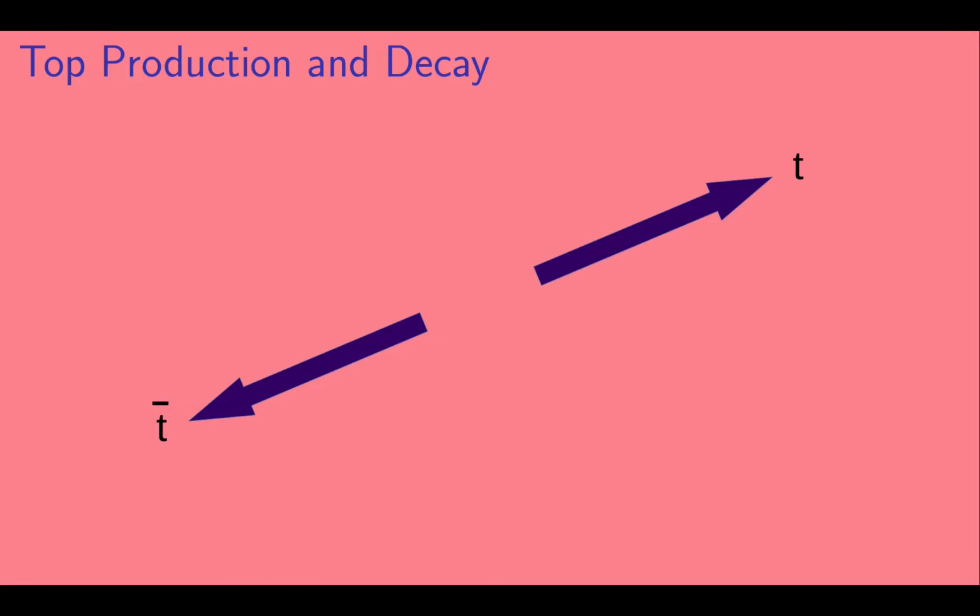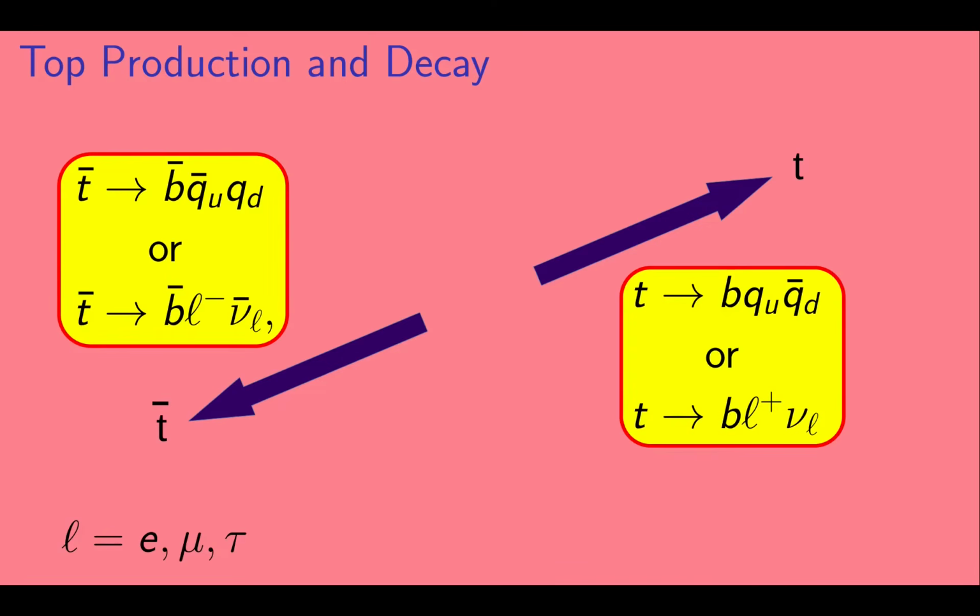Okay, so let's look back again at the top-antitop pair that has been produced in a collision. On the right side, we have a top quark, which decays to a bottom quark and a W+. The W+ then decays. It can go to an up or charm quark, which I've denoted QU, and a down or strange antiquark, which I've denoted QD with a bar over it.